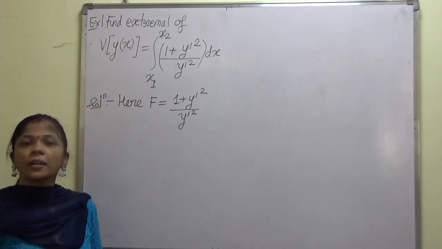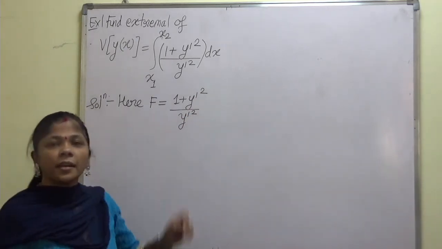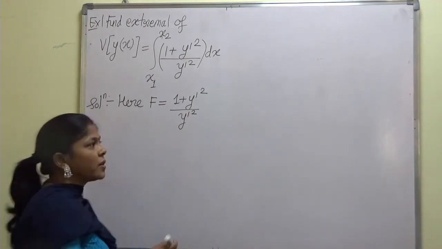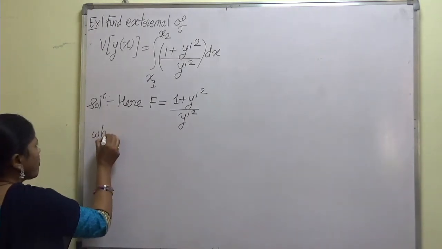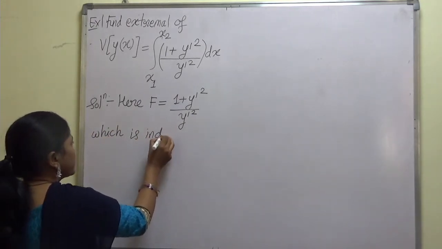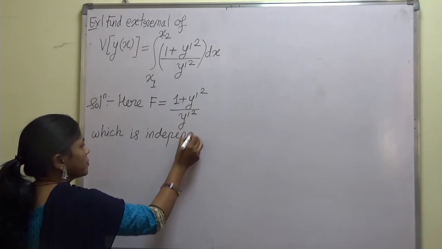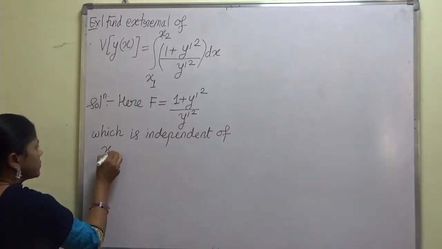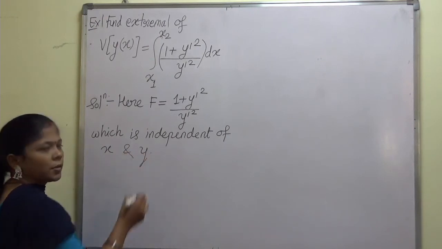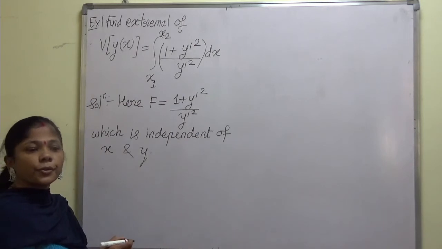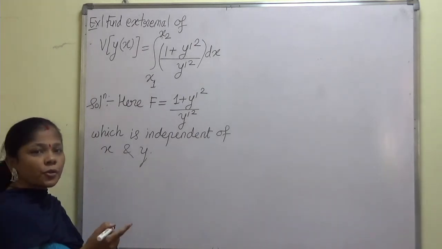Now what we find here, that this f is independent of x and y. It is not containing term of x and y, right? So which is independent of x and y. Right? So therefore in this case the Euler equation reduces to what?